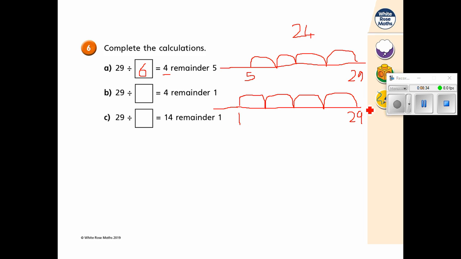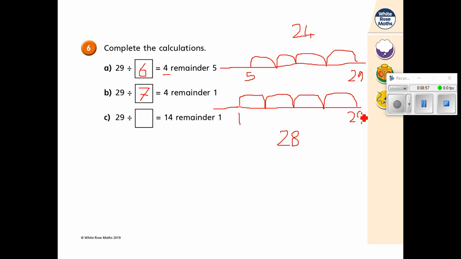So this time we've gone from 29 to 1 in 4 steps. So therefore we've gone a distance of 28 altogether. So we've gone 28 in 4 jumps. So if 28 in 4 jumps, each jump must be 7. So therefore the answer is 7.